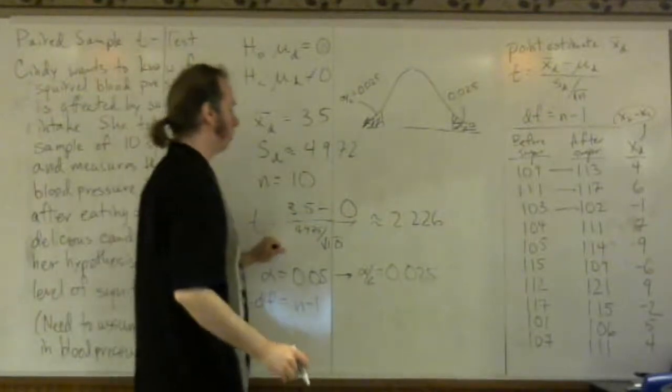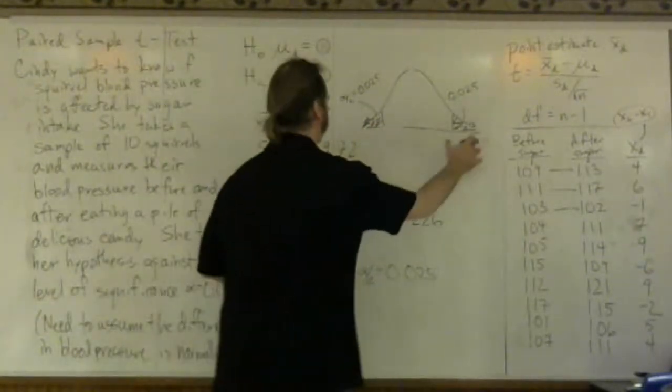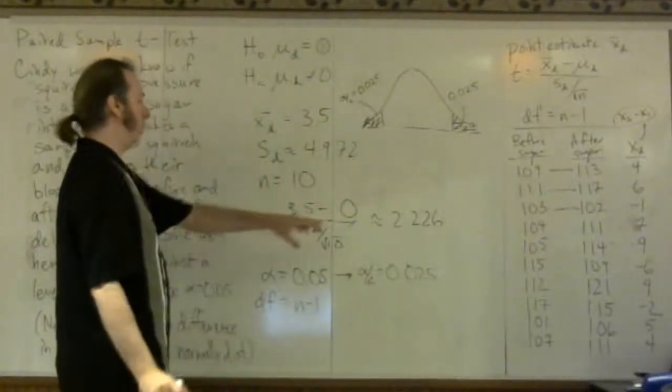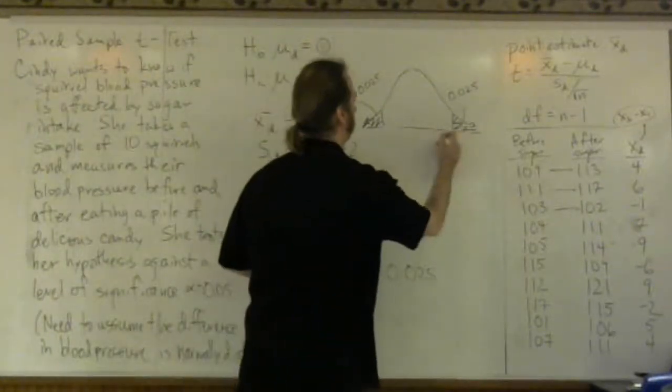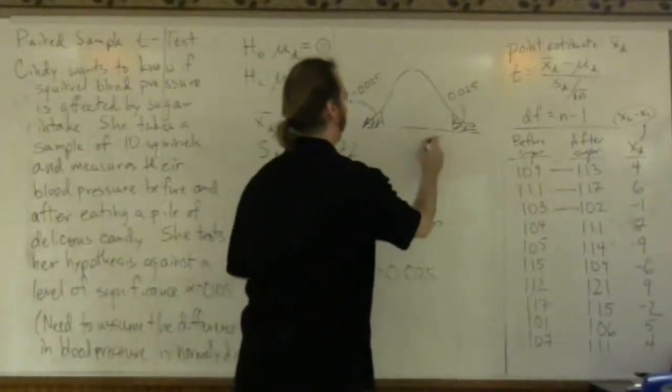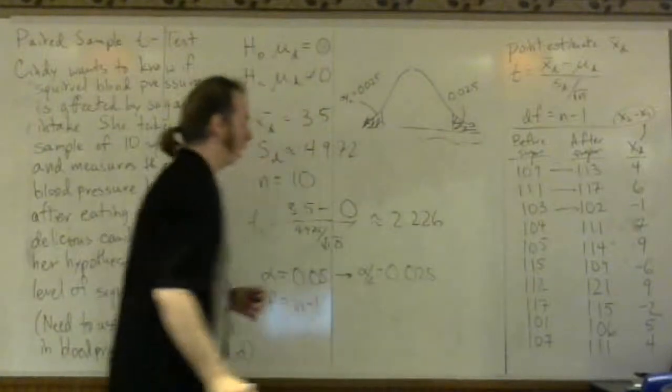So I need to see if this t-value falls in either one of those critical regions. My t-value is on the positive side, so we're kind of ignoring the left-hand stuff, and we're over in that side.